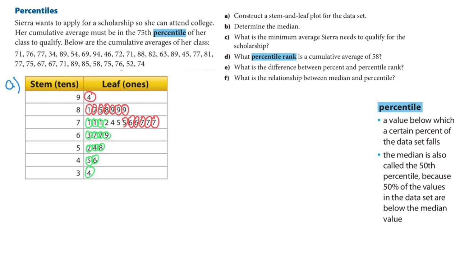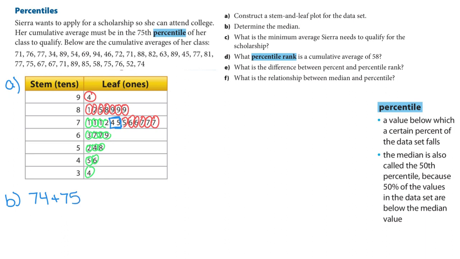We can see here that my middle values are this 74 and 75. In order to find the median, it would be the halfway point between 74 and 75. You might automatically see that and say, well, halfway between 74 and 75 is 74.5. If you don't, that's fine. You can do it the same way we find the average.